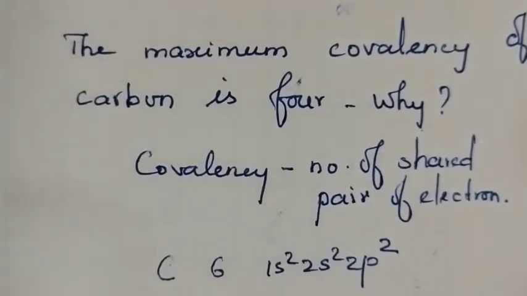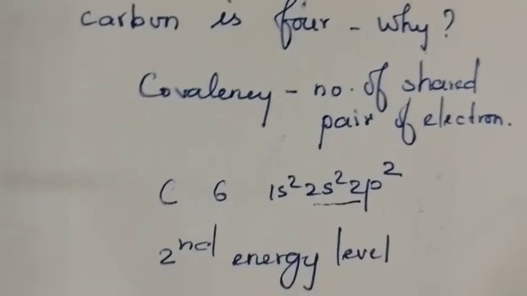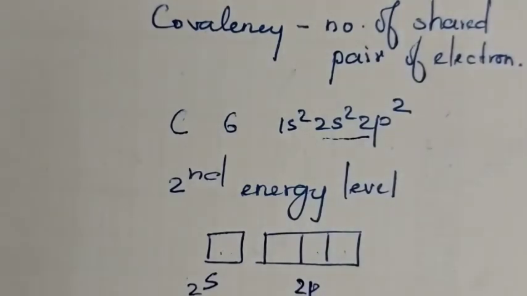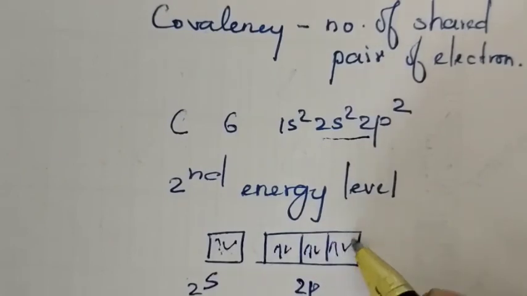Carbon, as you know, the atomic number is 6. So the electronic configuration is 1s2, 2s2, 2p2. That means the outermost shell is the second energy level, having one s orbital, that is 2s, and the 2p orbitals. The s orbital can accommodate one pair of electrons. The p orbitals can accommodate one pair each, totally 1, 2, 3, 4.